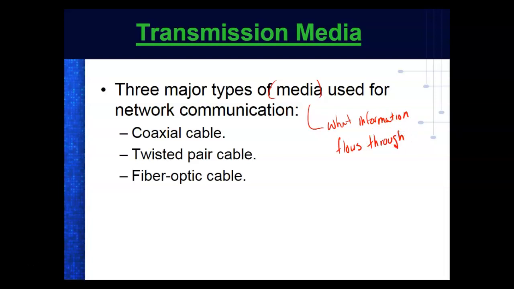My information goes from my mouth to my speaker, and the information is flowing through the air. Now we have something referred to as Wi-Fi, and of course your cell phone uses air as a media. Wi-Fi uses air as a media, and of course voice uses air as a media.